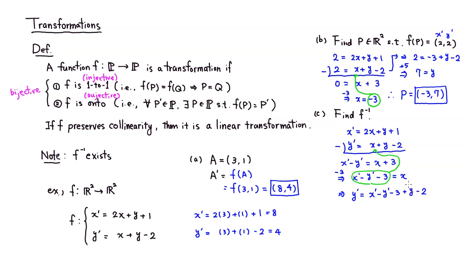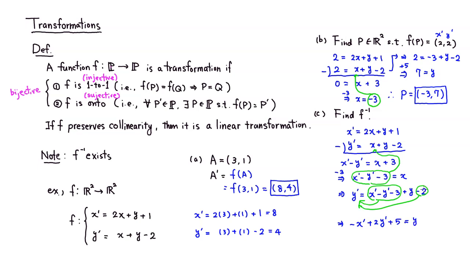Then we can just move all these terms except for y over to the other side. So x prime over to the other side becomes negative x prime. Negative y prime becomes positive y prime, but we have another positive y prime, so it's going to be 2y prime. And here's a negative 3 and a negative 2, so it's negative 5, which over to the other side becomes positive 5. And y is all by itself.